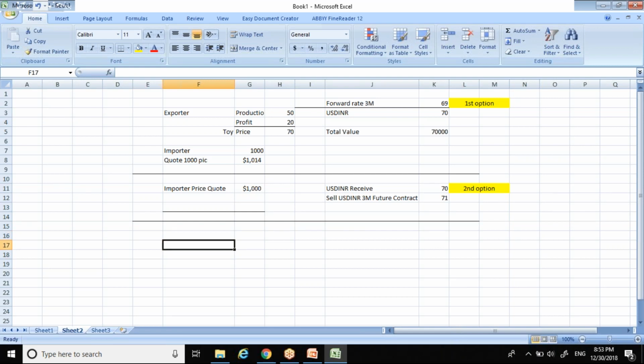So what I do here is, let's suppose what happens is after 3 months, you notice that the USD INR rate goes to 65. Now in this situation, what will happen? Because you have dollars with you, you convert it with the bank at the current prevailing price.